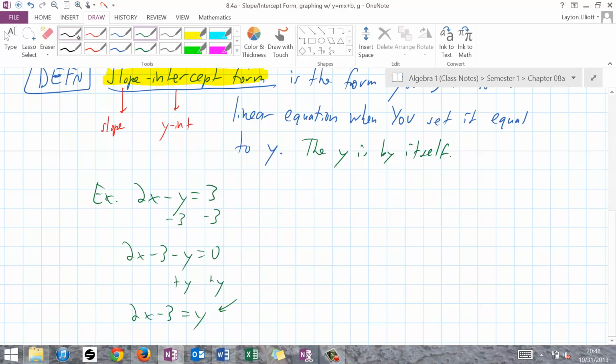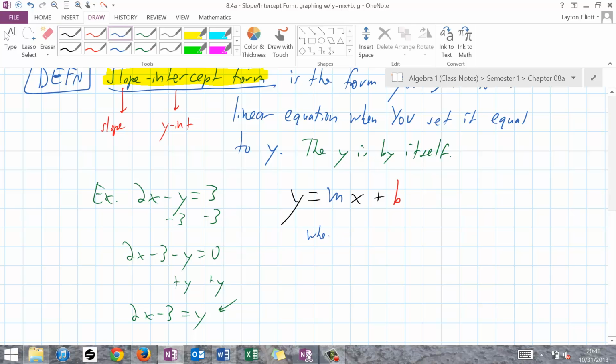And so the formal definition for slope-intercept form is y is equal to m times x plus b. And we have to continue with this because I don't know what m and b are. I just created those letters.